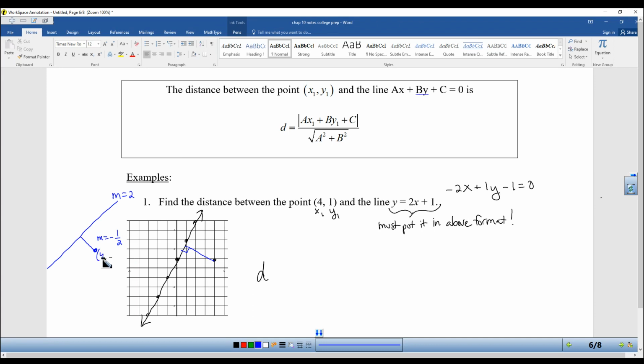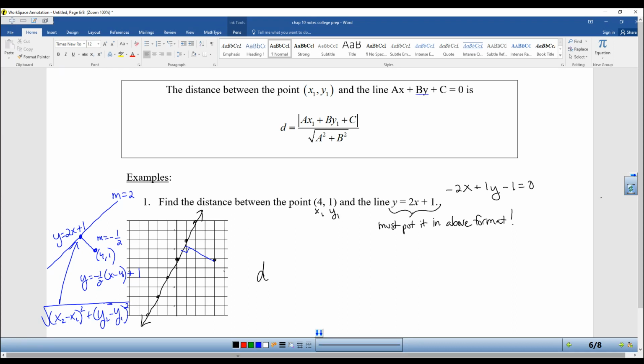Then you could take the point that you knew and write the equation of the line, and then you could solve the system of equations, take this line, 2x plus 1, and this line, so that you could find this point of intersection. And then once you found the 2 points, then you could use the distance formula. It was a lot of work, and I made you do it. I was mean. But now you have this formula.